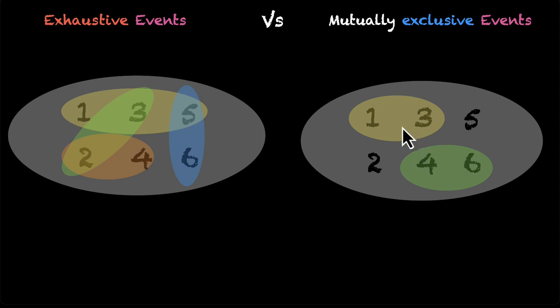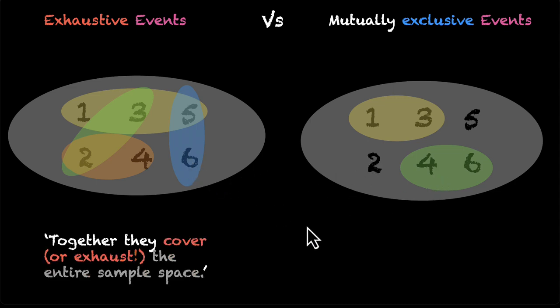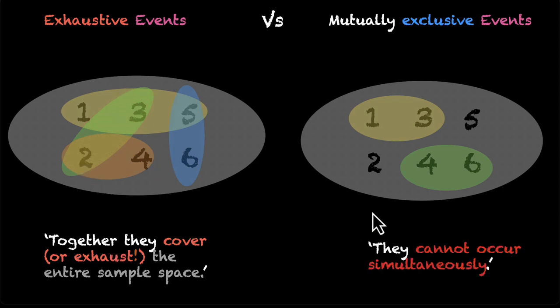If one of them happens, it excludes the other one from happening, which means they are mutually exclusive events. So this is the basic difference between exhaustive and mutually exclusive events. I'll write this down again. Together they cover the entire sample space, they're exhaustive events, and for mutually exclusive, they cannot occur simultaneously. That's what we have to look for. If they're occurring simultaneously, they're not mutually exclusive.